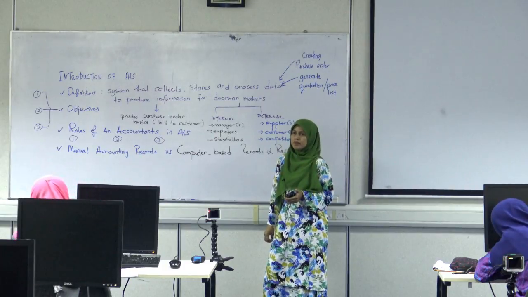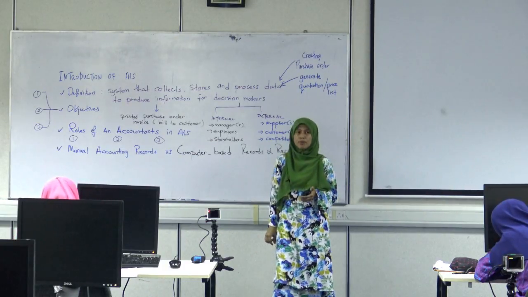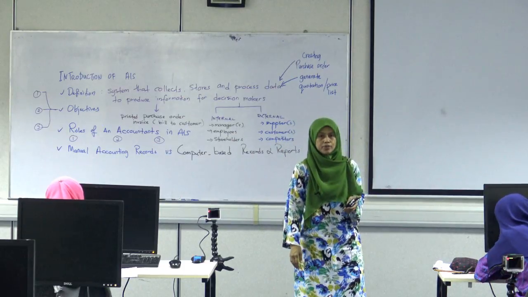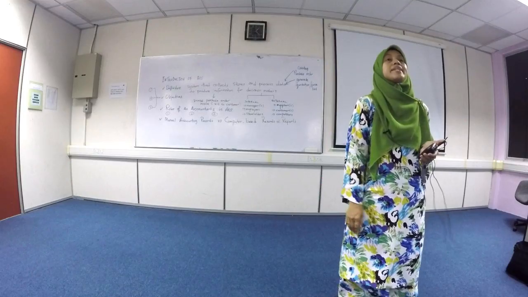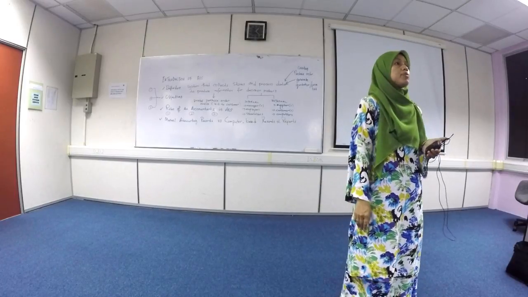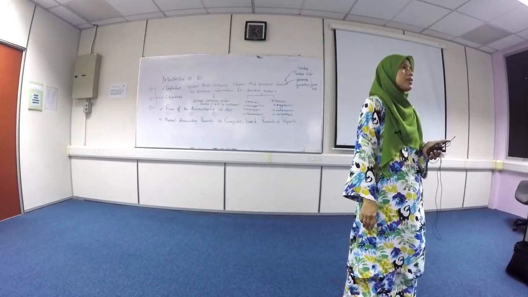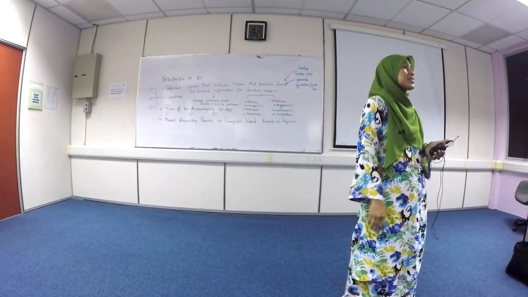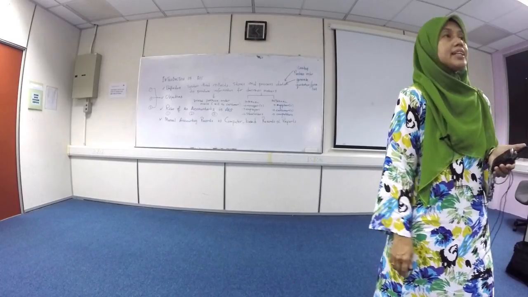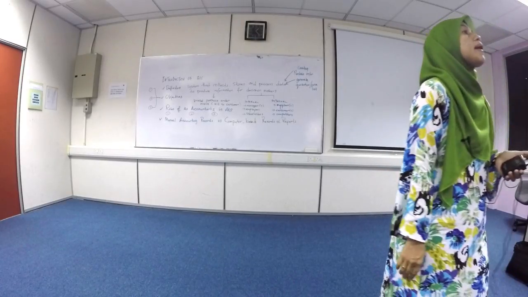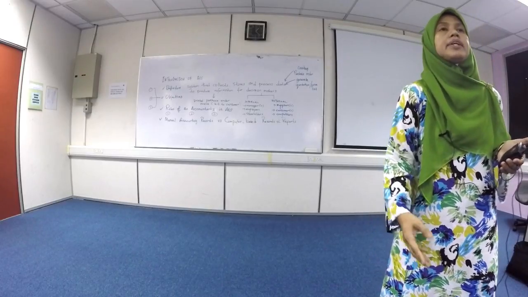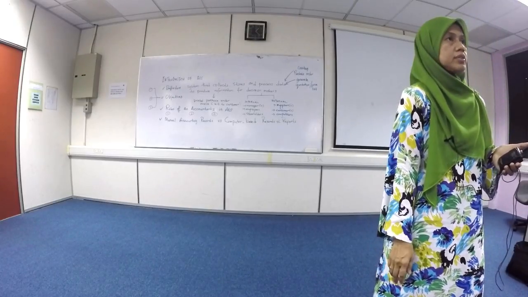But if we are talking about information system, another example can be used, such as your email. In your email, you will have information about the sender of the email, the subject of the email, the content of the email, and how the email is stored.